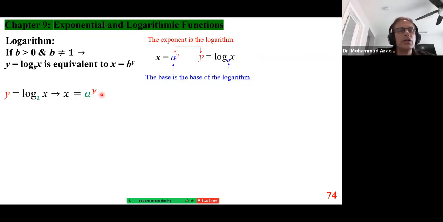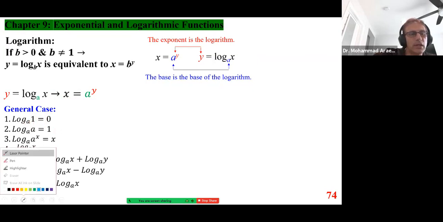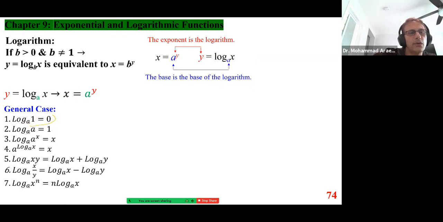Now, this is the general case where the base can be any number, and here are the properties you've seen. Log 1 is 0. That means it doesn't matter what the base is. Why is that? Because a to the power of 0 is 1. If you look at this arrow, this makes it a to the power of 0 equals 1.